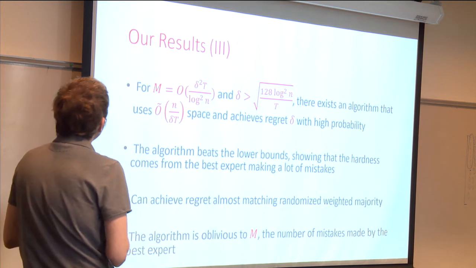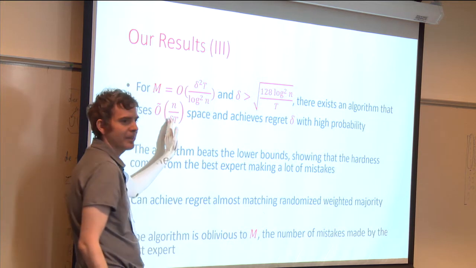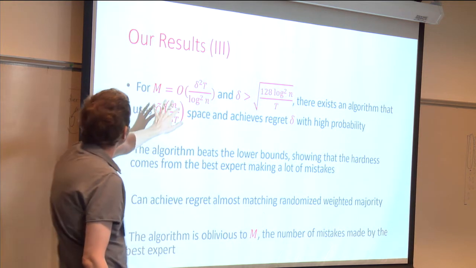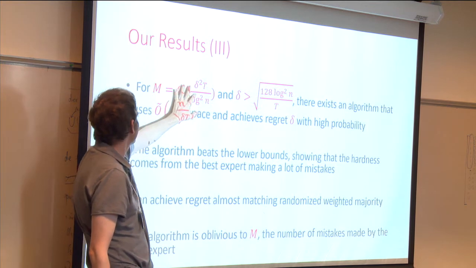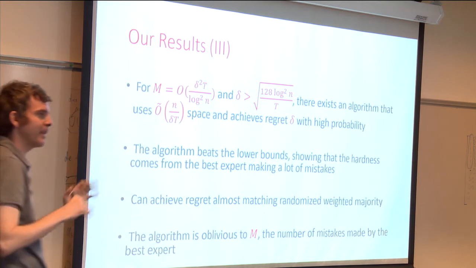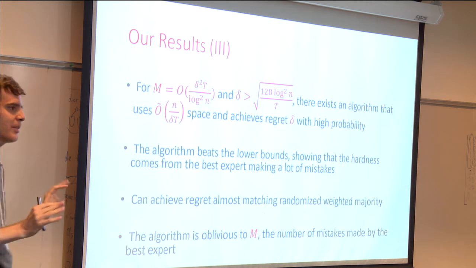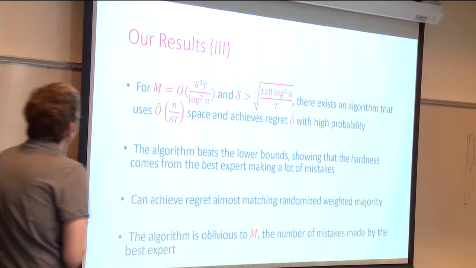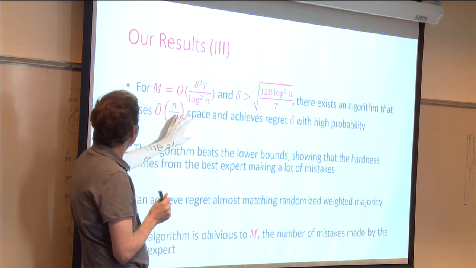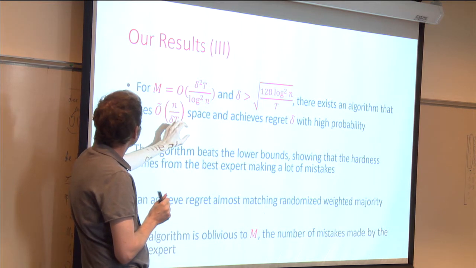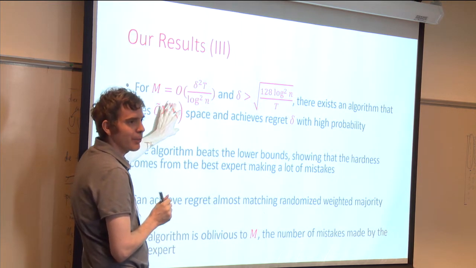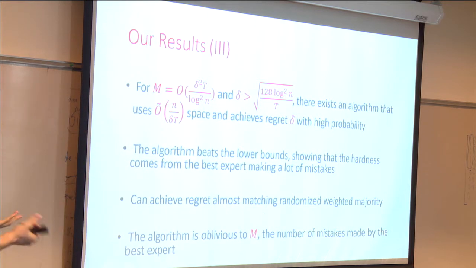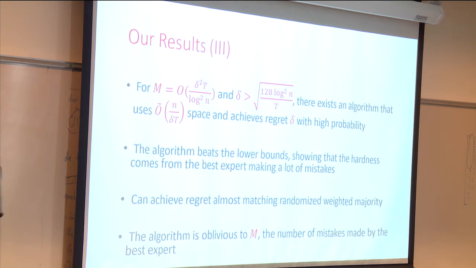So if delta is a small constant, again maybe 1%, this restriction is not so bad, the number of mistakes of the best expert can roughly be as large as t, the number of days, up to log factors. And in that case, what we would get is n over delta t memory. Delta is a constant, n over t memory. So that's still significantly sublinear.